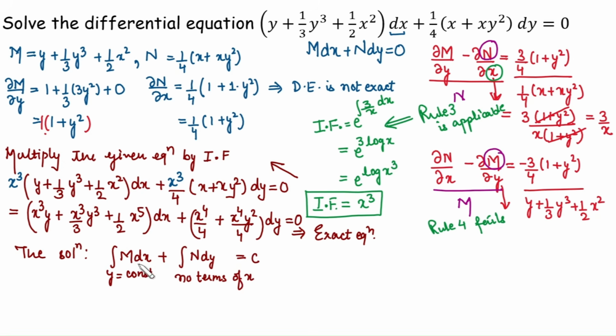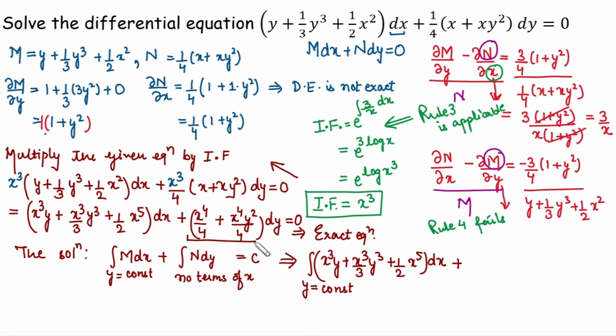Plug the value of m in this case, that is equal to integration of this term, take its integration with respect to x keeping y as a constant, plus integration of n with no terms of x. So this is the value of n. This contains x, even this contains x. So there exists no term that contains y only. It means we will take here integration of 0 with respect to y is equal to constant.